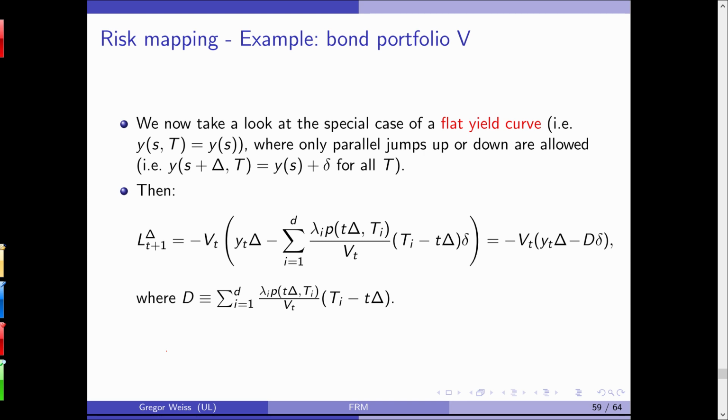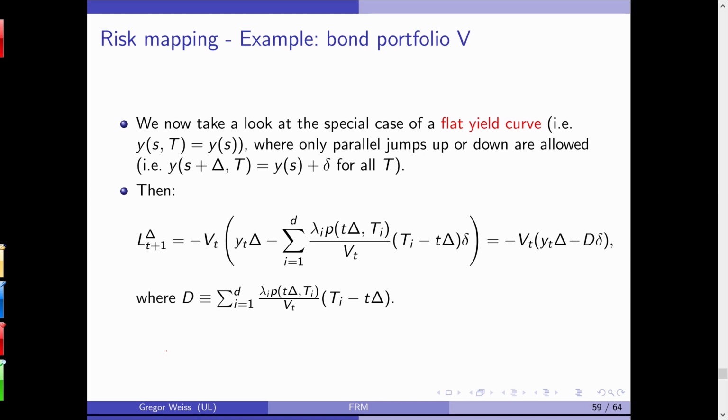And this actually is the following: minus Vt times this partial derivative times delta minus d, and d is defined below. D is the sum of lambda i times P over Vt times this difference Ti minus T, times delta.